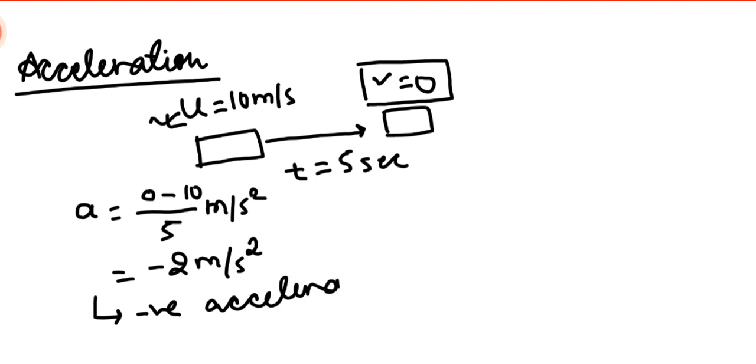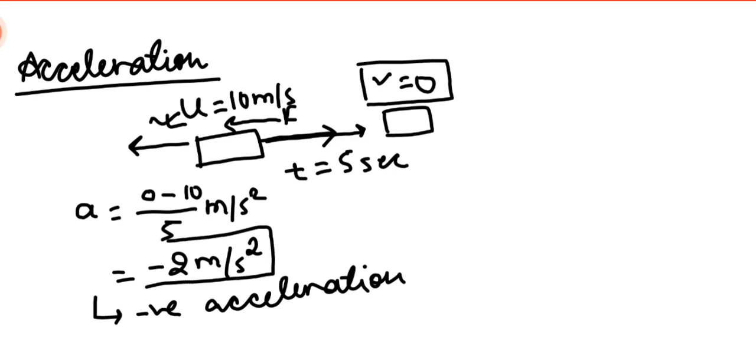Now, what is happening in this case, students? When the brakes are applied, the force is in the opposite direction to that in which the object is moving. The car is moving in this direction, and the force after the brakes were applied was in the opposite direction. That is why the acceleration we got is negative.